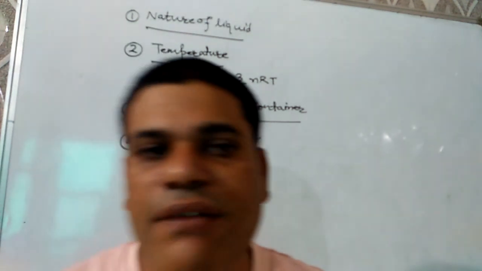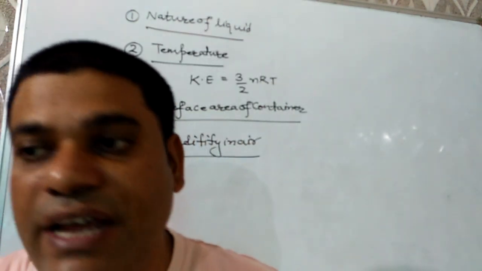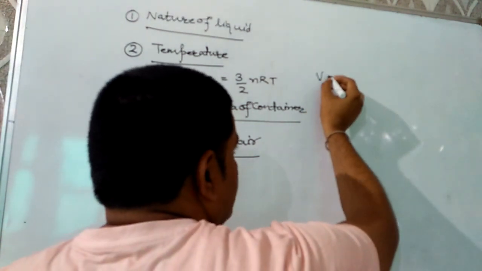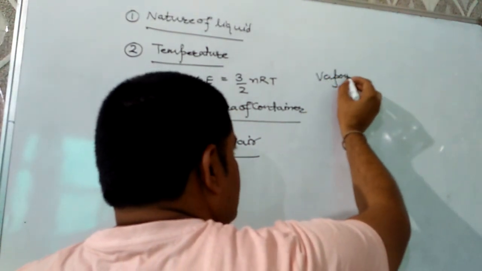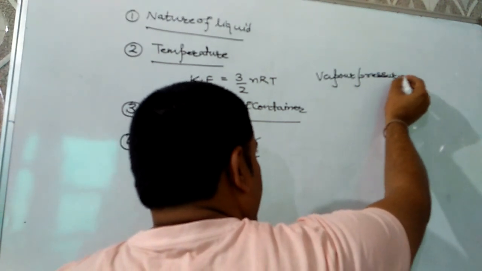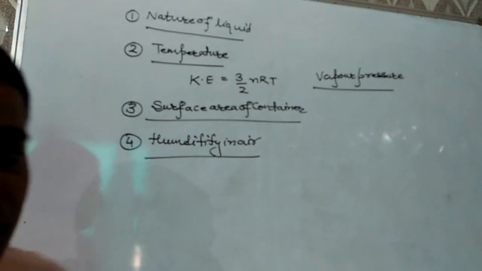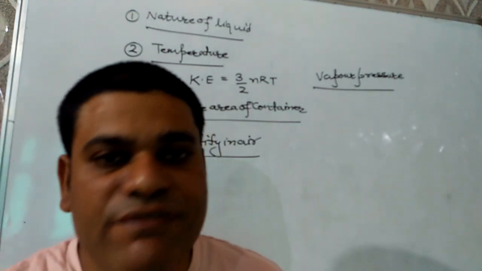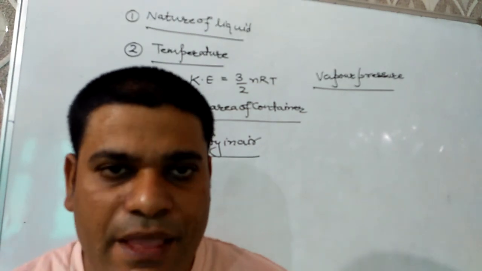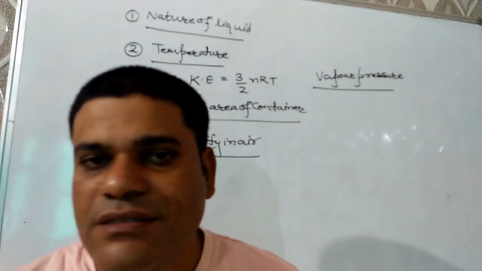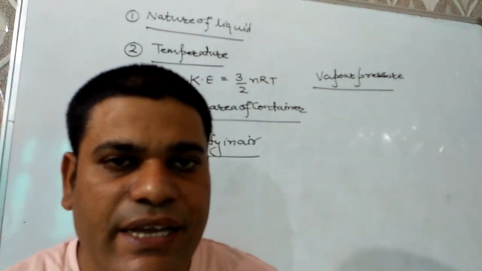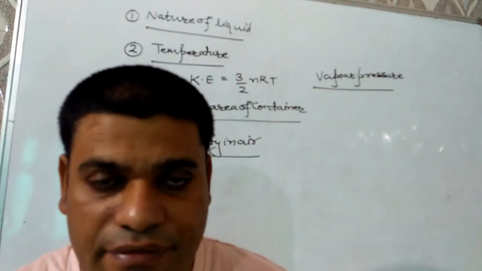Now we have to discuss a very, very important topic, and that topic is vapor pressure. First of all, we have to know what vapor pressure is, then we will discuss the factors on which it depends. As I have mentioned, high kinetic energy molecules will escape from the surface of the liquid.